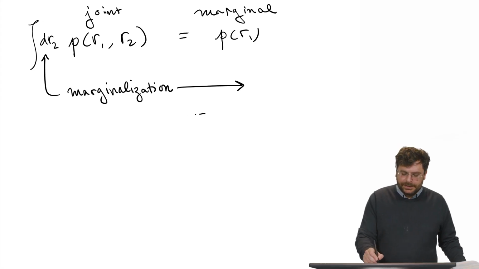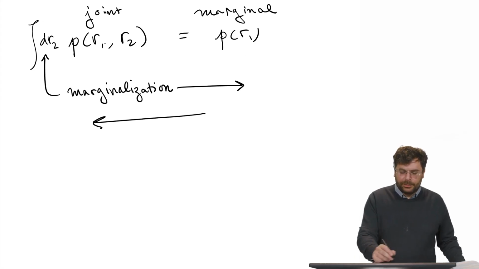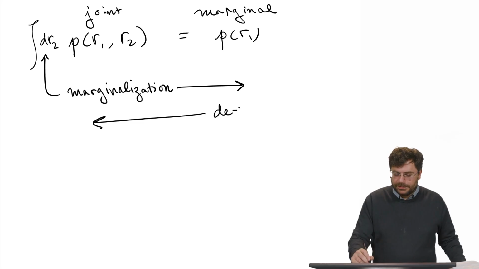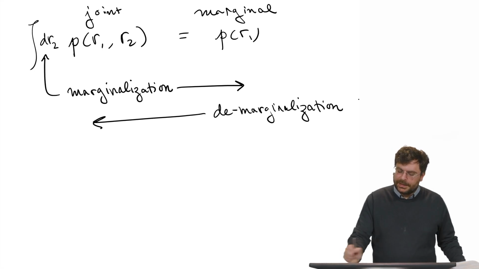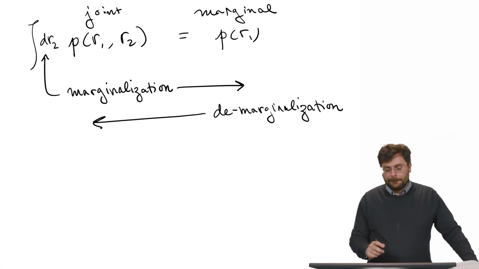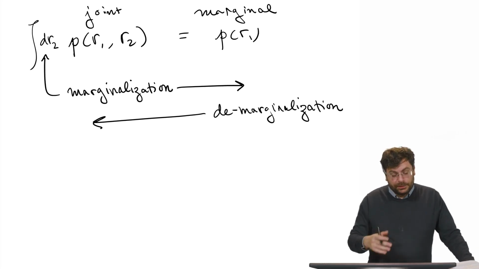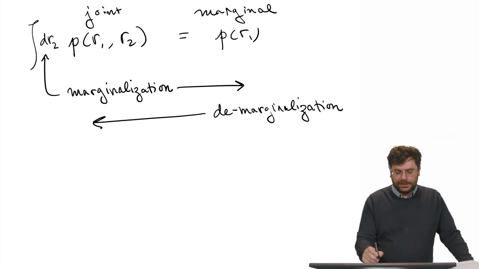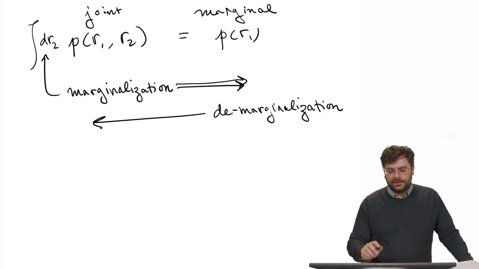Sometimes people use the fancy word for going from there to here as the opposite process, but that's used a lot less often, and that concept will pop up later in slightly more technical settings. So for the moment, at least for the first half of this class, we'll primarily be concerned with the process of marginalization, going from multivariate distributions to single-variate distributions.